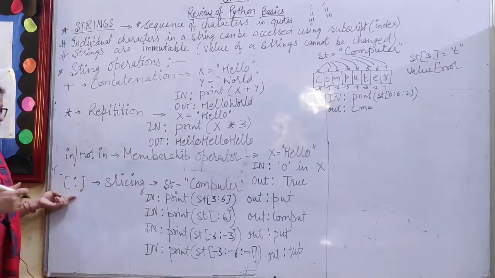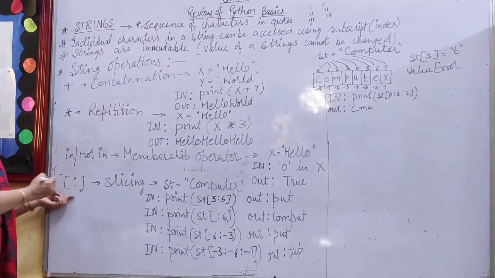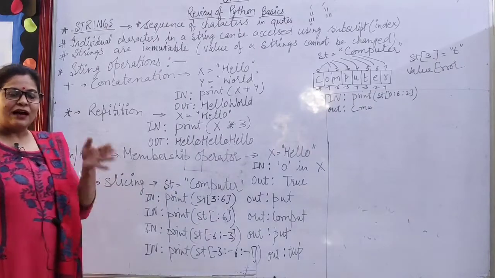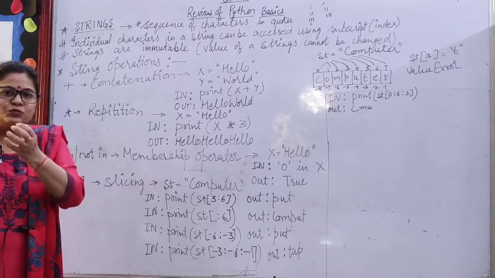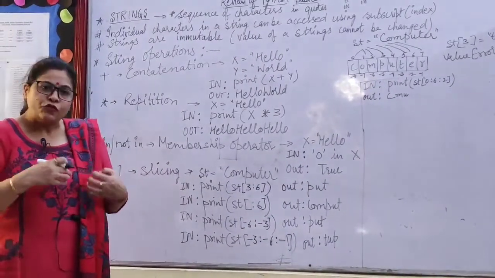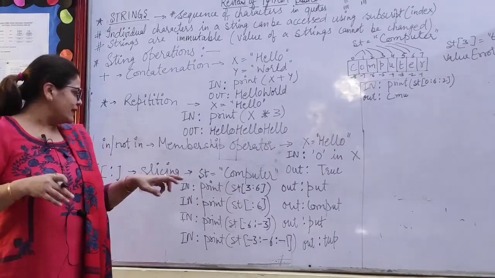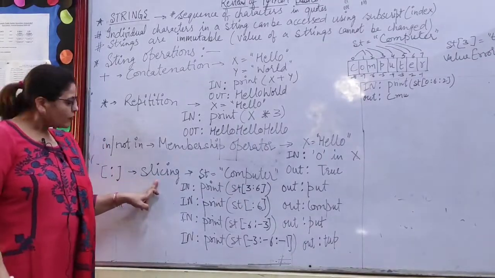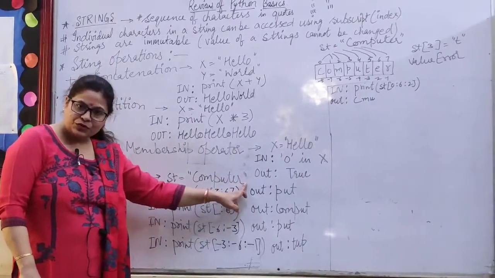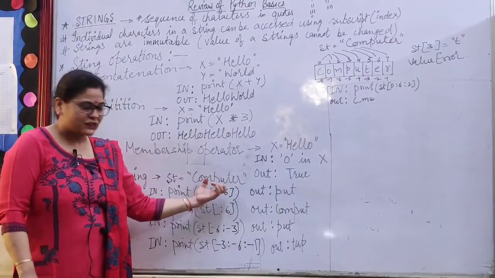The next one is square brackets with a colon sign, which shows slicing. Slicing means if I don't want to extract all the characters from the string, and I want to extract a few particular characters from my string in a given range, then I can use slicing. For example, if I write ST is equal to double quotes computer, that is a constant value for a string.